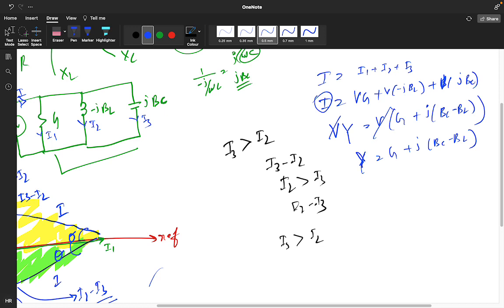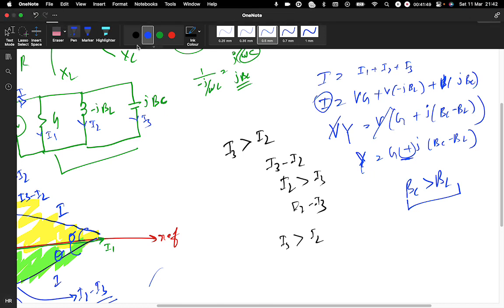Okay. So if BC is greater than BL, you will get the positive result. Okay, positive result. If BC is lesser than BL, you will get the negative result, right?